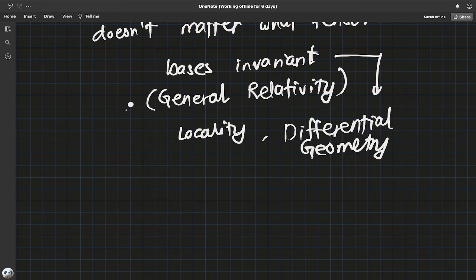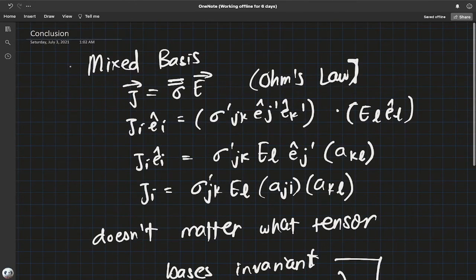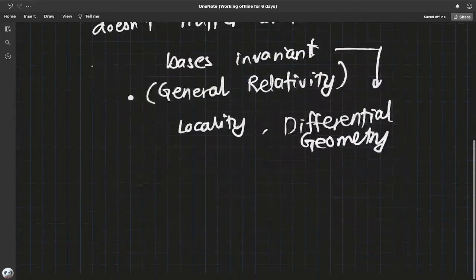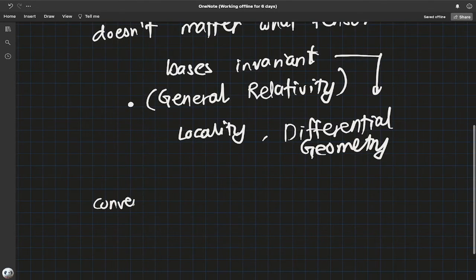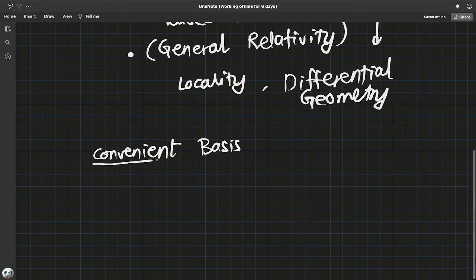Now, since we can write in any basis, why not choose a convenient basis, right? I mean, let's make life easier. We don't like these big calculations. We want our inverses to be as computationally cheap as possible. We don't want to spend too much computer space, time, and energy on that.